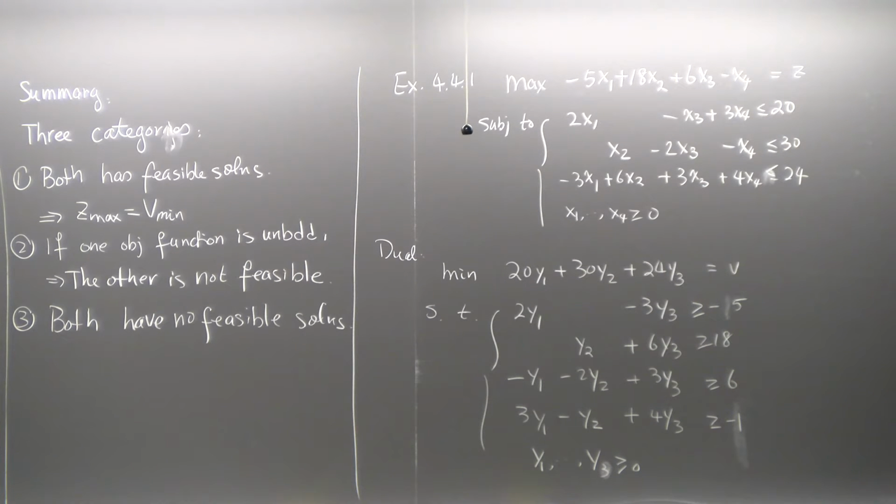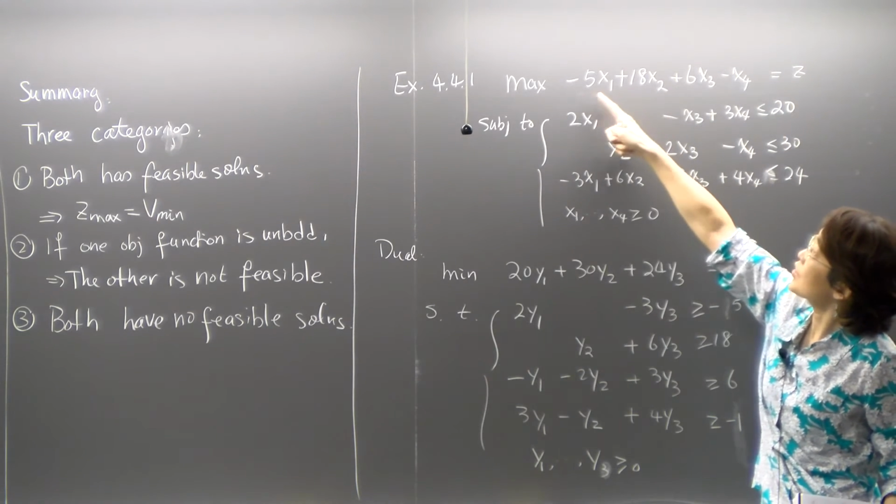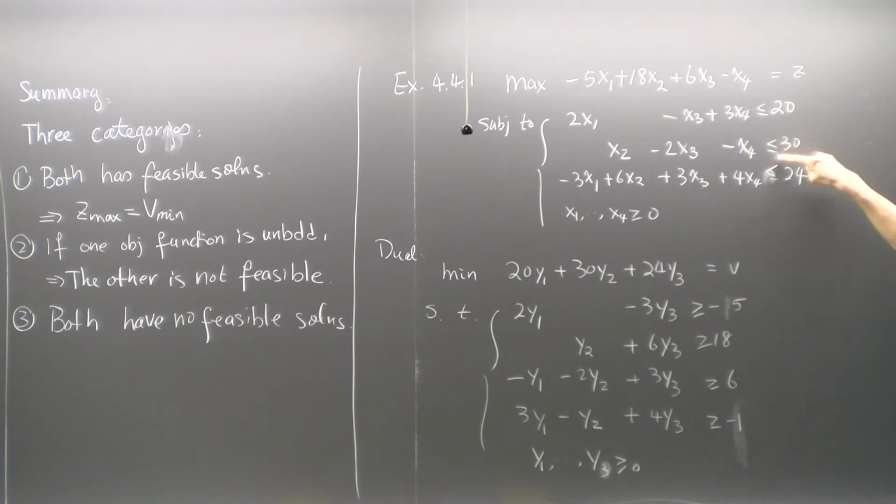Think about you have a problem like this and you want to go to LP Assistant and solve it. How would you do it? You know the LP Assistant takes a minimization problem in a canonical form. So let's say I want to solve this one. I will change this into min, so I need to change the sign of all these coefficients. I will be minimizing -z. And since this has inequality sign, I need to put slack variables.